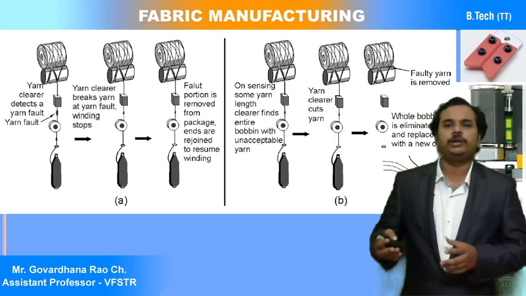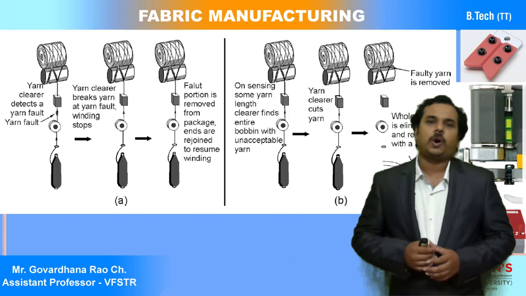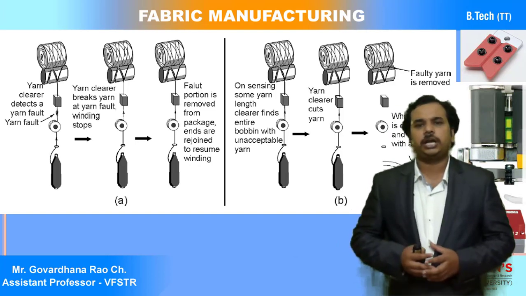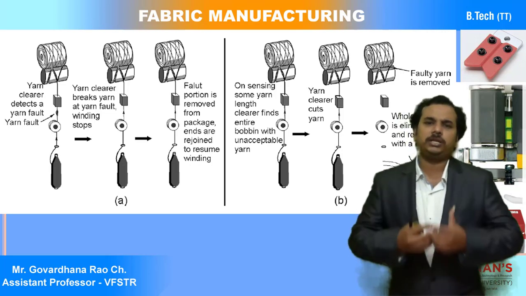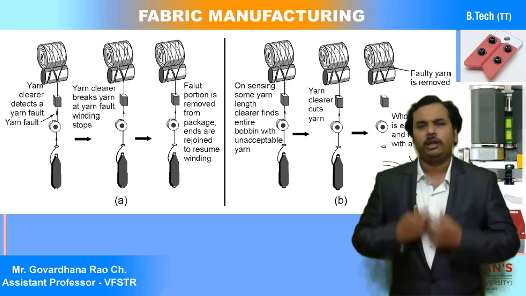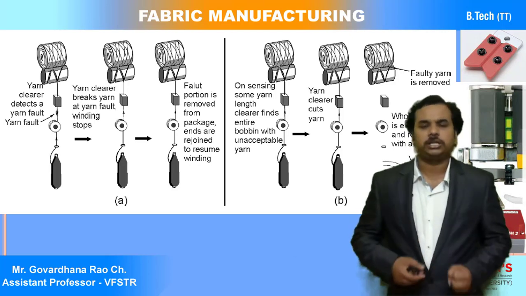And on the other side you can observe that there are some sensing systems. On sensing, the yarn length clearer finds an entire bobbin with unacceptable yarn. Nothing but frequent faults coming in the package, say every 1 minute or 30 seconds.